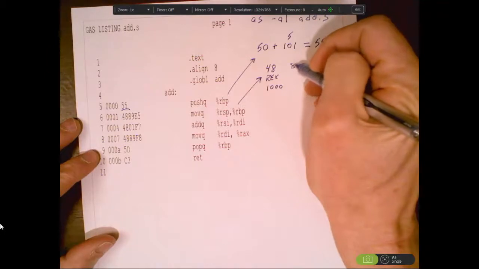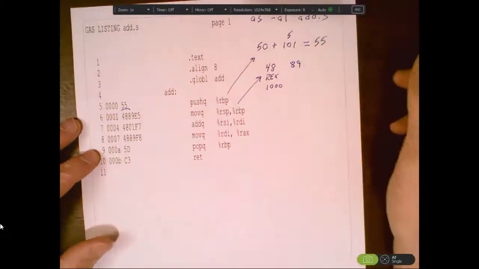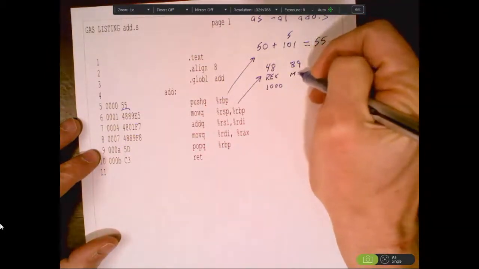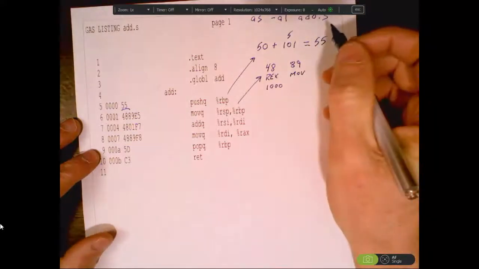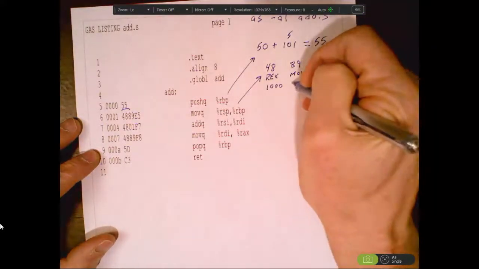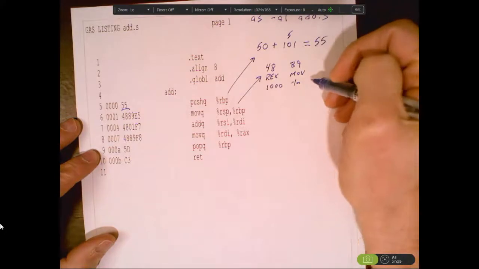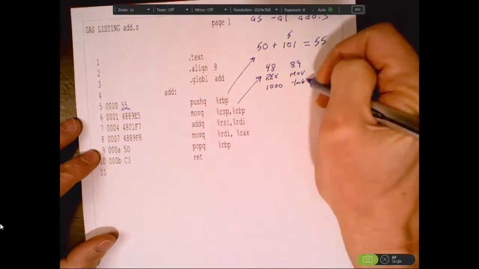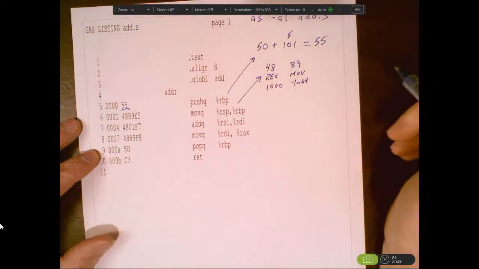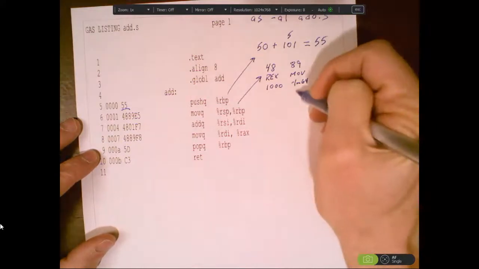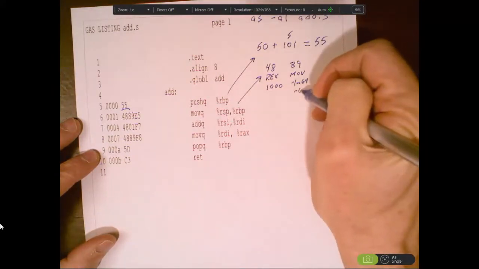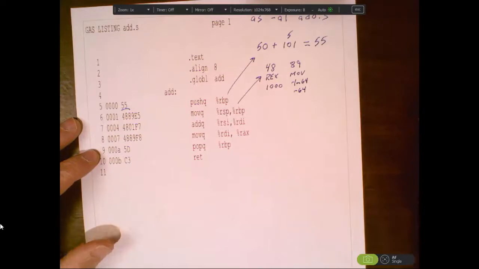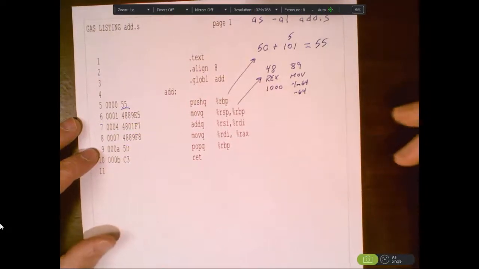89 then indicates the opcode, that it's a move instruction, and in Intel assembler format, it's a register or memory 64-bit operand and a register, a 64-bit register.